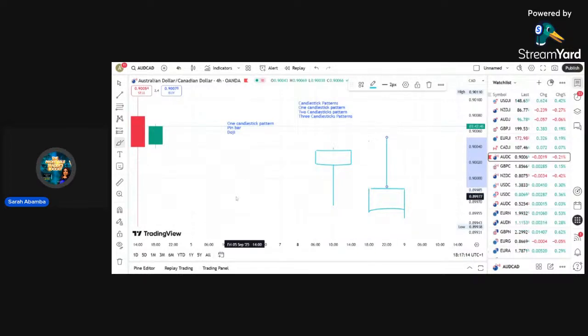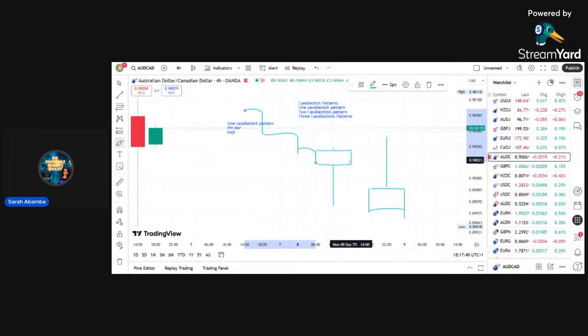So for instance, if the market is in a downtrend, and you see this pattern here, and it is formed at a support. We learned about support and resistance on Tuesday. So all these patterns are hinged on support and resistance. The market was coming down, and all of a sudden it gives this pin bar here.